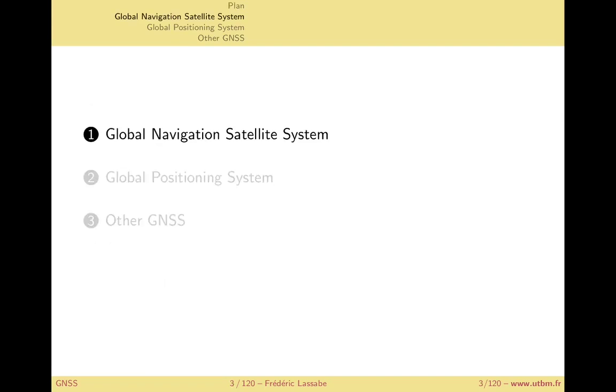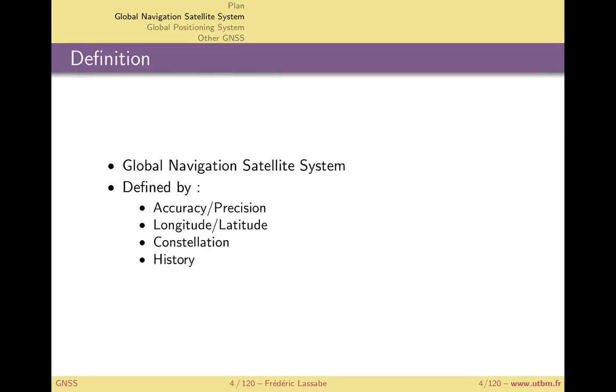Let's start with the global introduction and properties. So the global navigation satellite systems, as their name implies it, they are global, so they cover all of the Earth. They are navigation systems, so they provide navigation capabilities, so mainly they are used to locate devices.